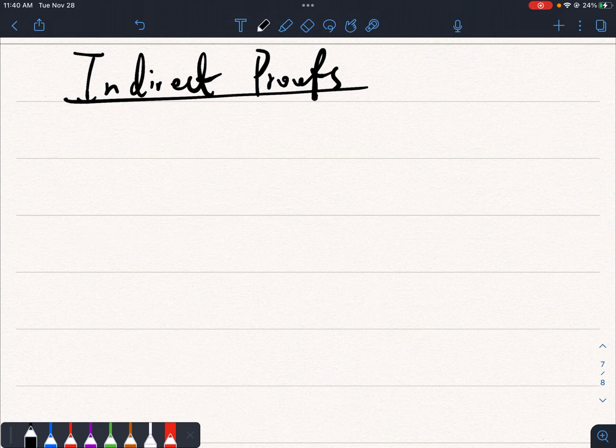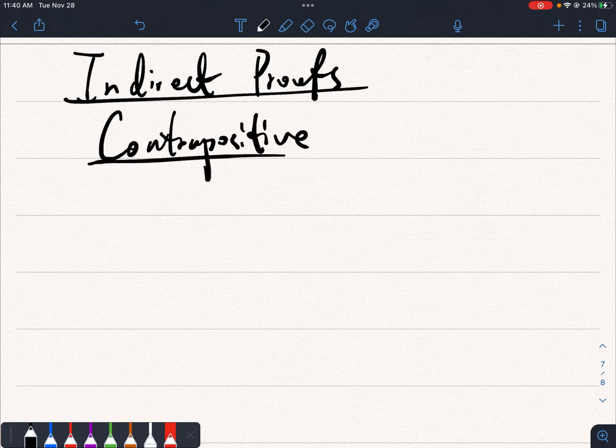Maybe for beginners, the contrapositive is easier to understand. It's called proof by contrapositive.